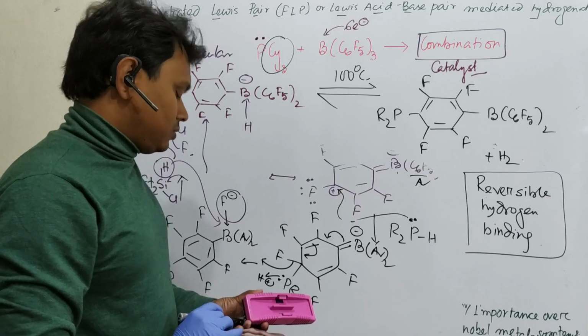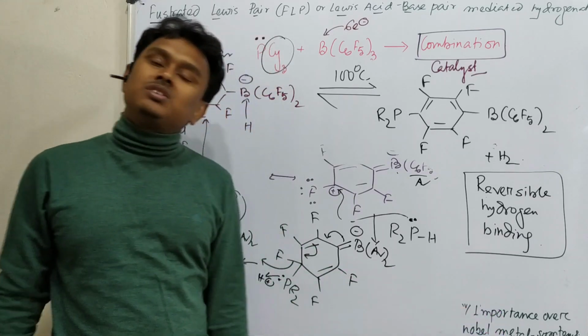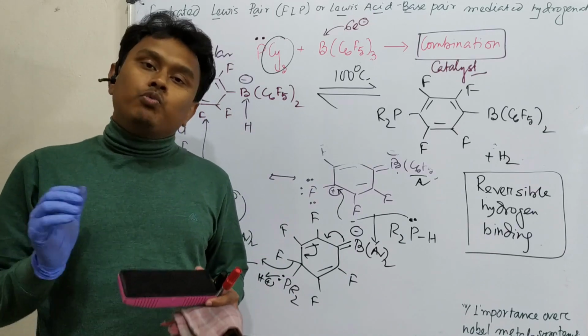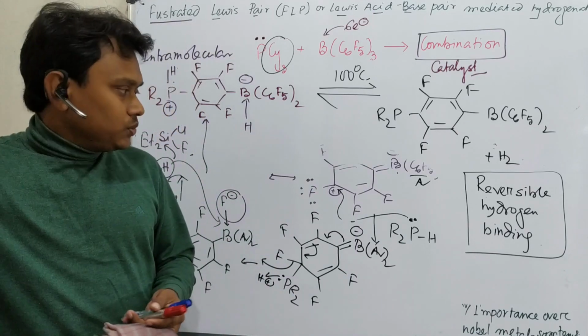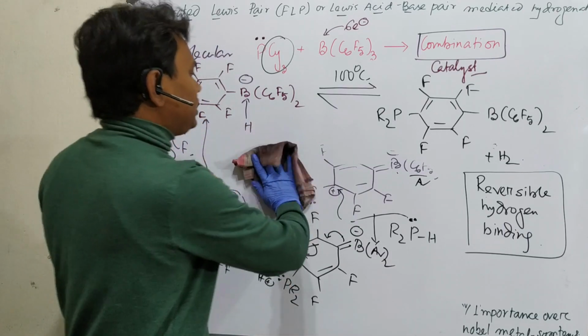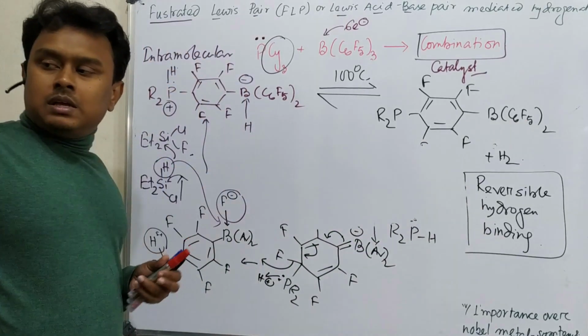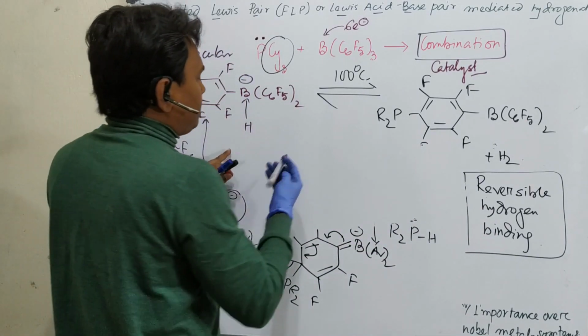Fine. So now one important thing, the last point, is the importance of noble metal based catalysis. We know which noble metals are used for hydrogenation. I have already uploaded a video. What are they?